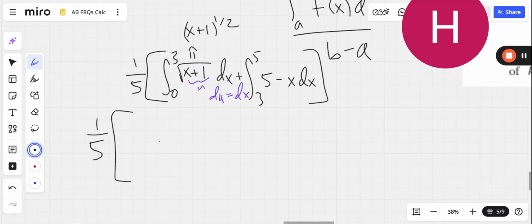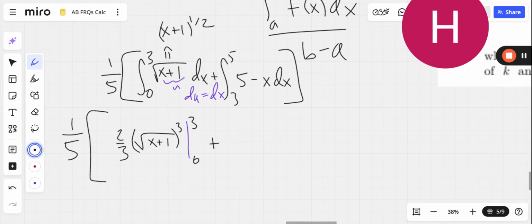Let's see, this is going to be 2/3 times x plus 1 to the 3/2, which we can just go ahead and call the square root of x plus 1, cubed. That's going to go from 0 to 3, but then we're going to add this antiderivative.